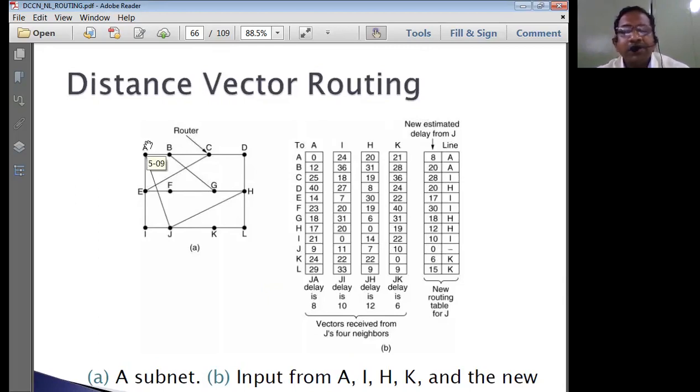Now in the network, the routers which are not connected directly to router A, C is not connected directly to A, D is not connected directly to A, H is not connected directly to A, and like that, many routers are not connected to A directly. That means these routers C, D, H really are not aware that router A is damaged.